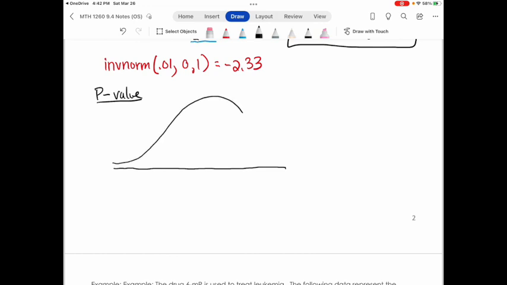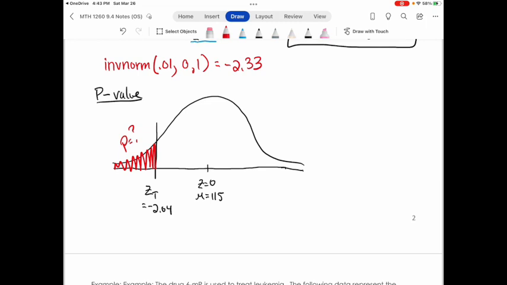Okay, for the p-value method, here's our center, which if we're looking at it in terms of raw data would be 115. For the p-value, I'm going to put my test statistic here, and we found that to be negative 2.04.